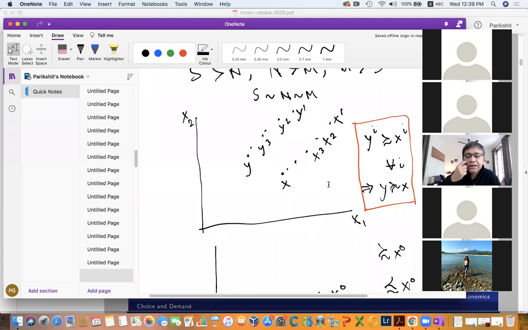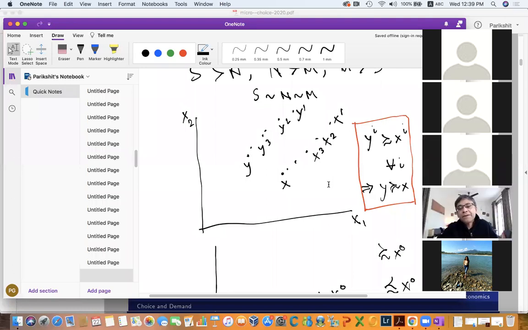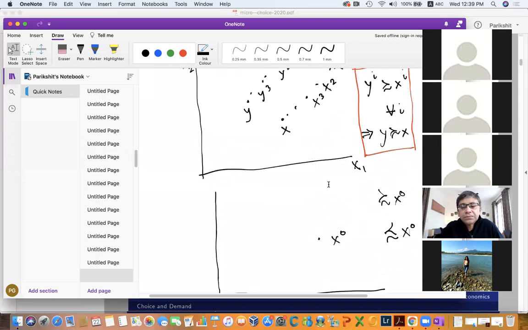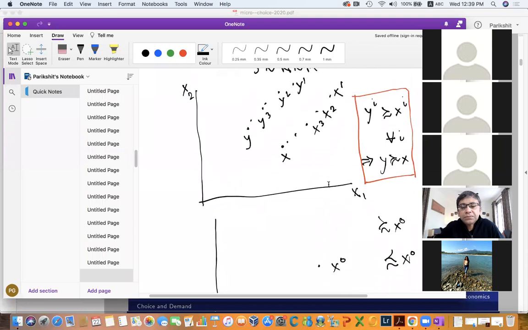It's slightly less than ideal notation here. Okay, Shubham. Sir, my doubt was kind of the same, that x superscript 1 is a bundle of two goods, like in this picture, two goods, in general n goods.